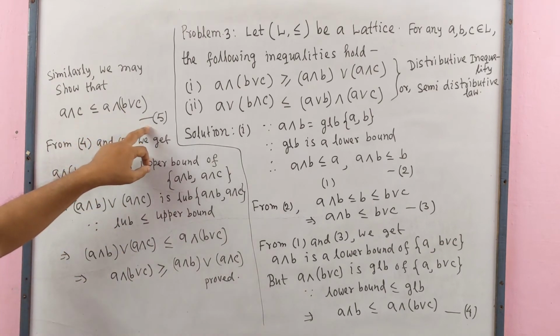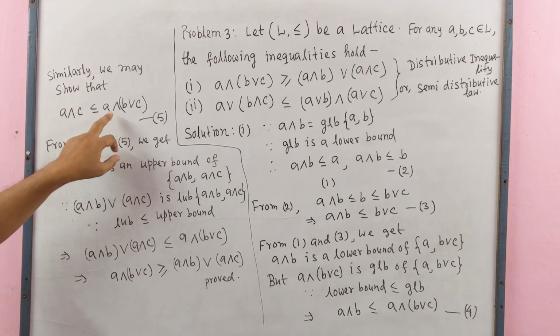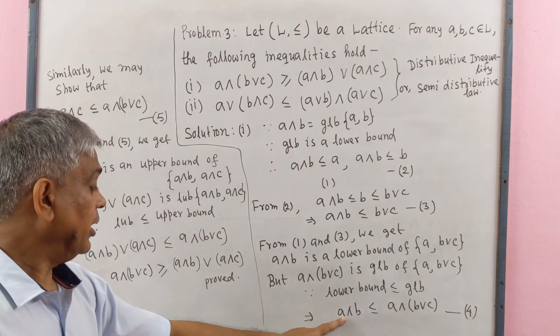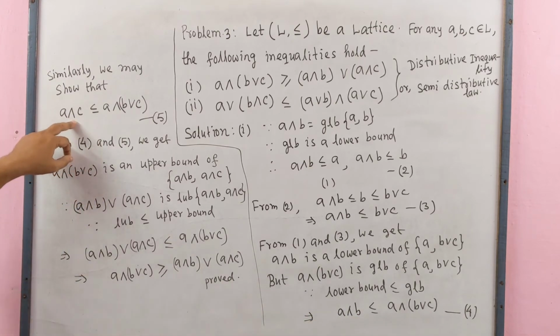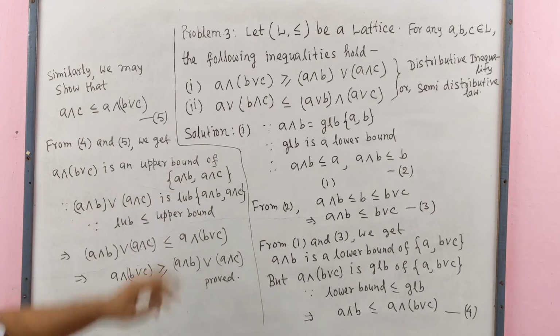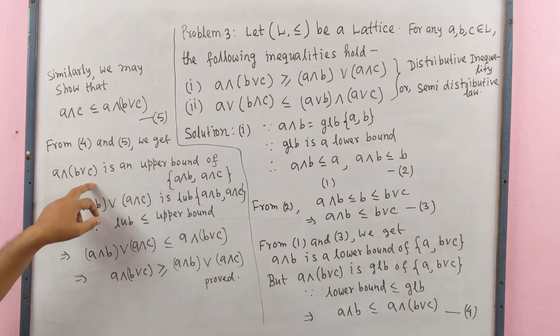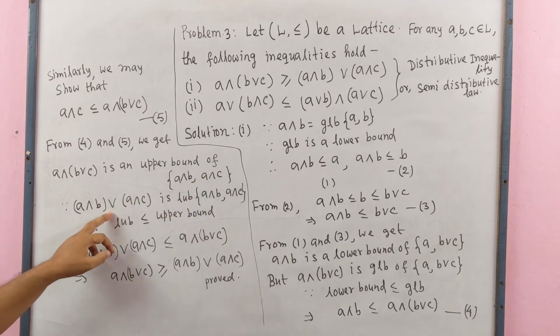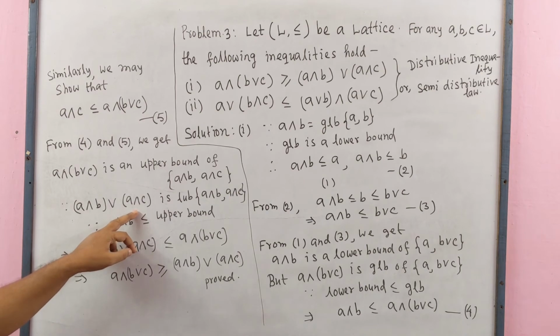In numbers 4 and 5, on the right side we see A ∧ (B ∨ C). So A ∧ (B ∨ C) is an upper bound of the set containing elements A ∧ B and A ∧ C. The least upper bound of that set is (A ∧ B) ∨ (A ∧ C).